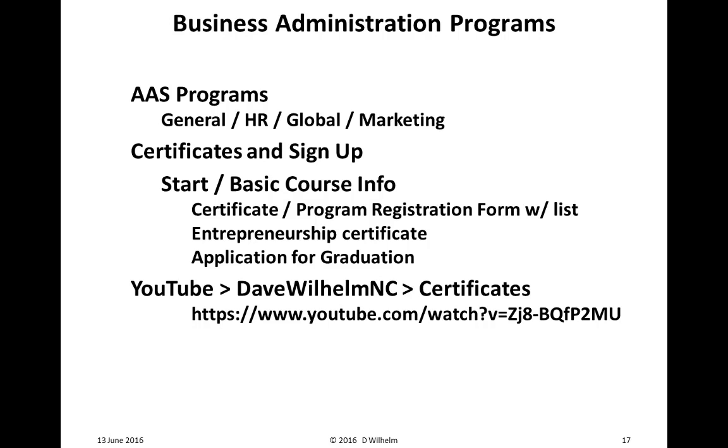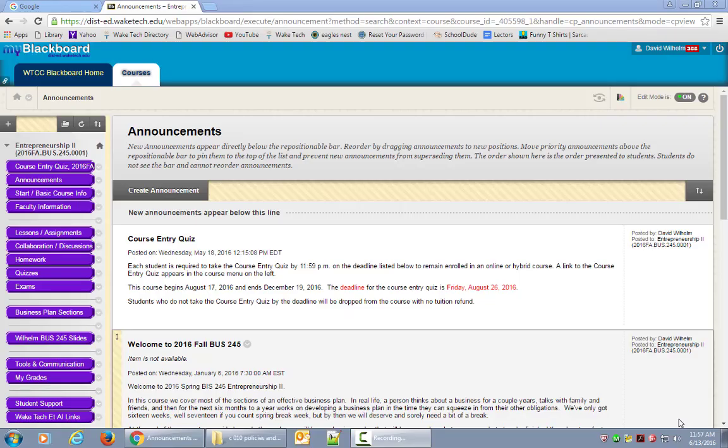And there's also an application for graduation. Certificates are free, but you still have to apply for graduation. Also, for more detailed information, you can go to YouTube, Dave Wilhelm NC, certificates, and there's a bunch more information on certificates.